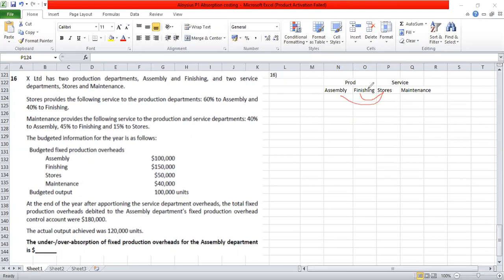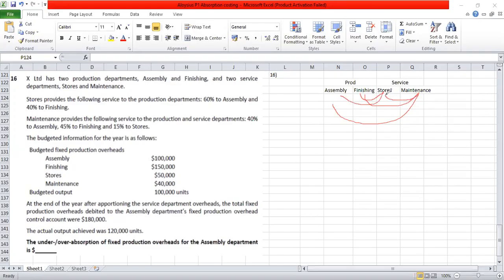Whereas maintenance says maintenance provides the following services to the production and service department. Maintenance will charge to assembly, maintenance will charge to finishing, maintenance also will charge to stores. Do you see that?